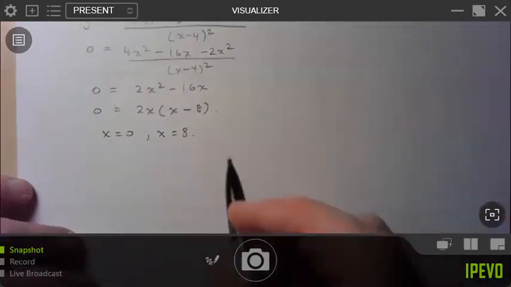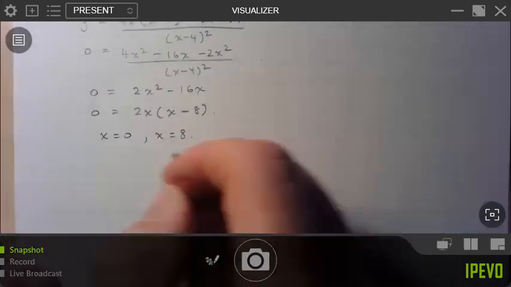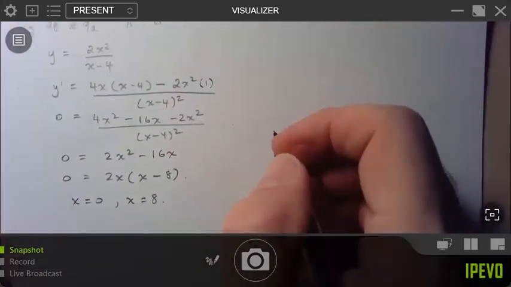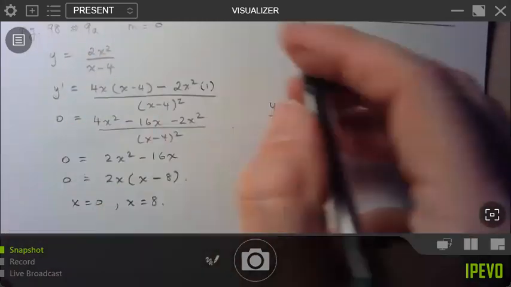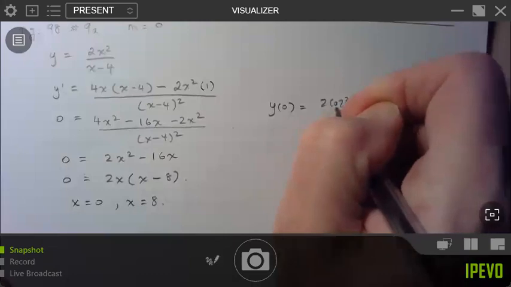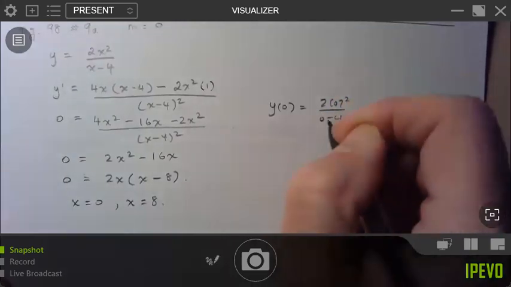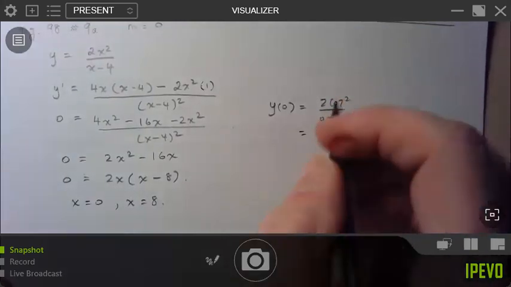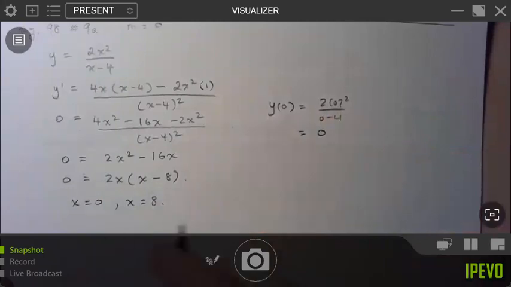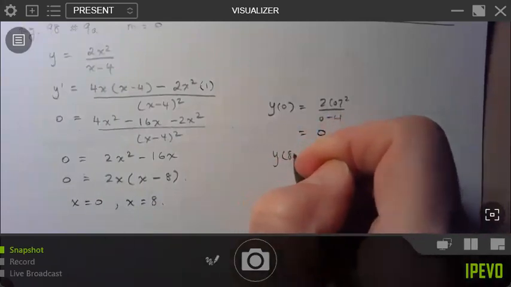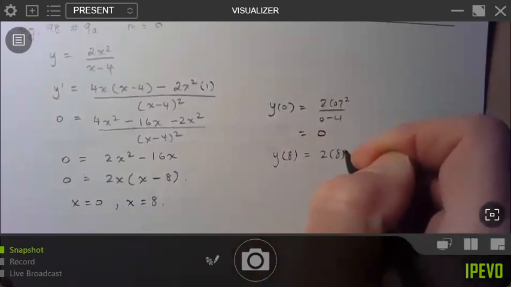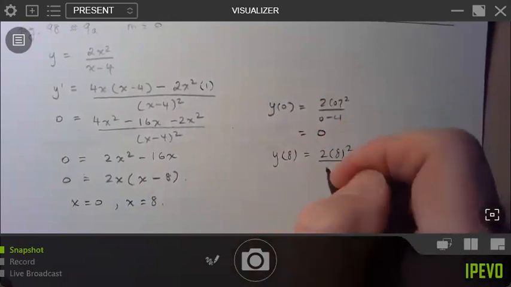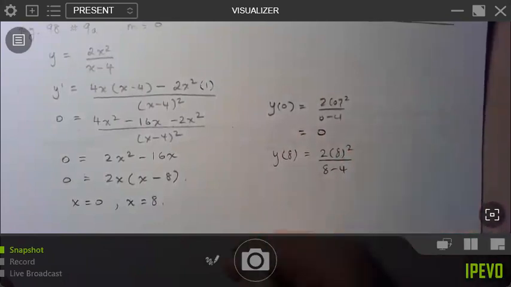Okay, so to fully answer the question now, let's find y at 0. So that's just 2 times 0 squared over 0 minus 4. So no issues with a 0 in the denominator. So this is obviously just going to be equal to 0. And let's find y at 8, which is going to be 2 times 8 squared over 8 minus 4.